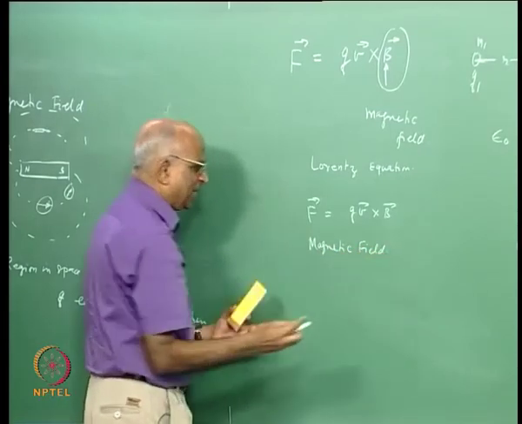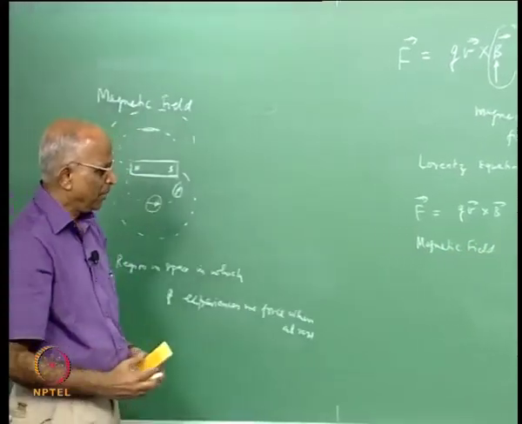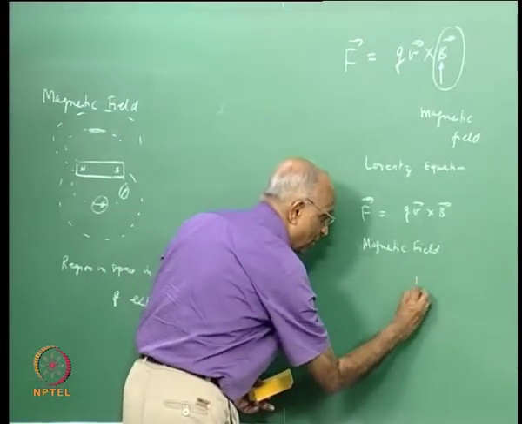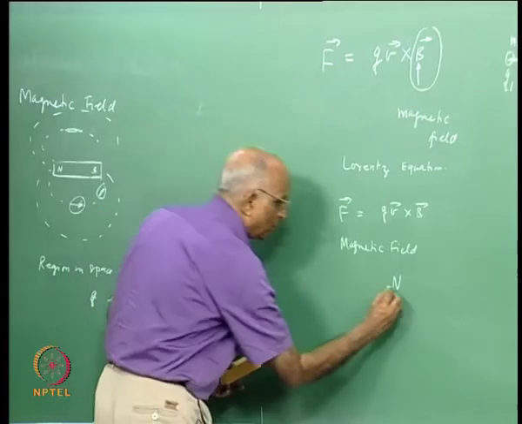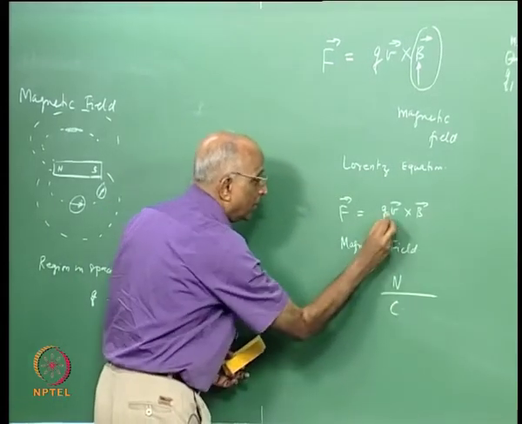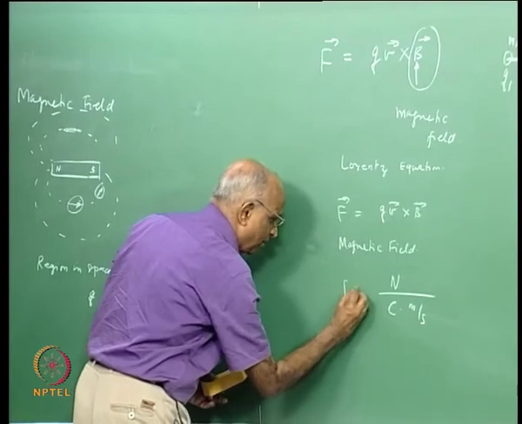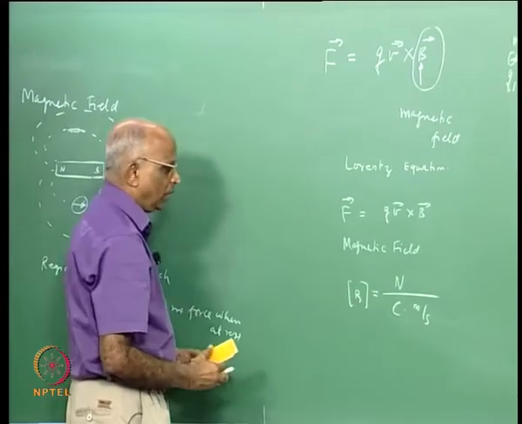How do you say the earth has so much magnetic field? Therefore, I have to now take the values. I say F is in Newton, q is in Coulomb, velocity in meter per second. Well, this must be the unit of B. How can I express it?